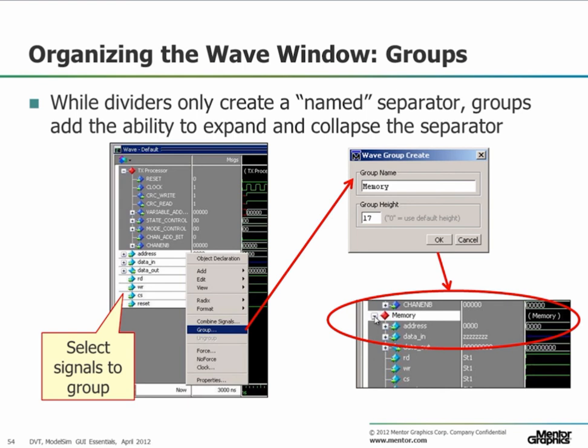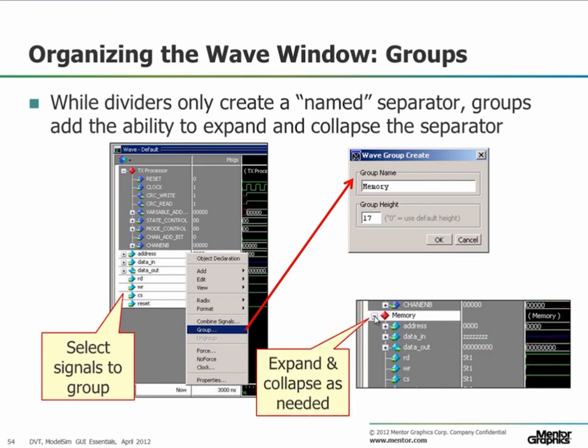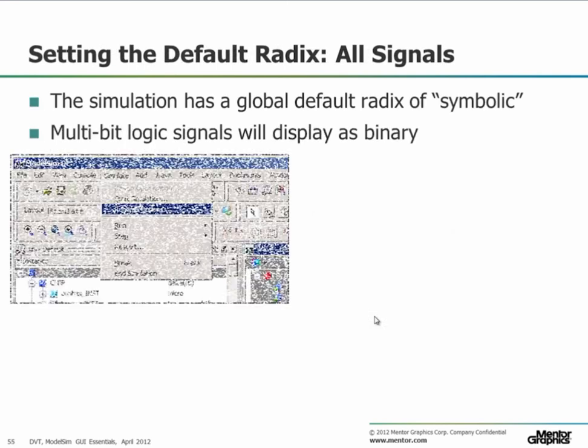That allows me to create a bunch of signal groups, so that I can have a whole bunch of signals in the wave window, but only open up the groups that I'm currently interested in. I can move those groups around in the wave window, etc. So you can expand and collapse.